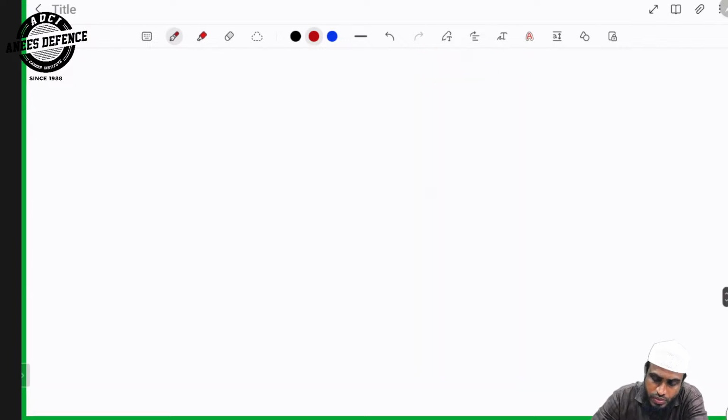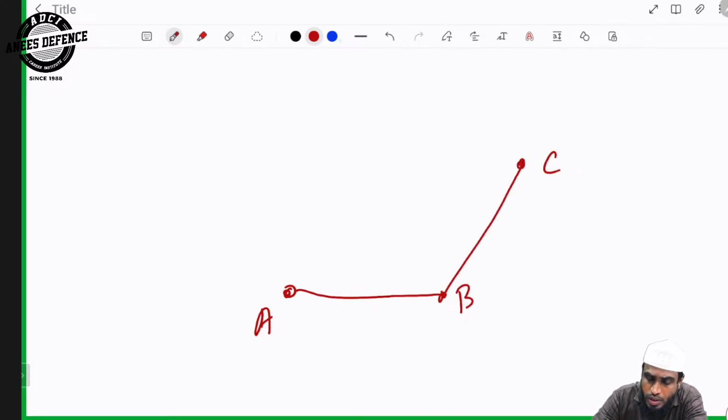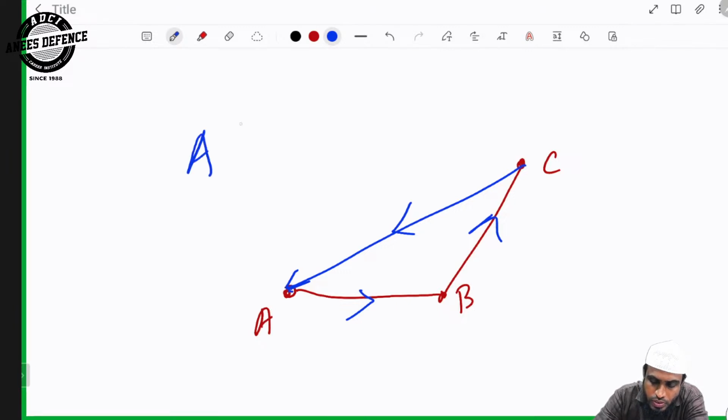For example, another case: we are moving from A, then finally we are reaching B. After that we move to C, then we come back to A. So A to B, B to C, then C to A. So my initial position and final position both are at A. So the resultant is A to A only, meaning the same point.